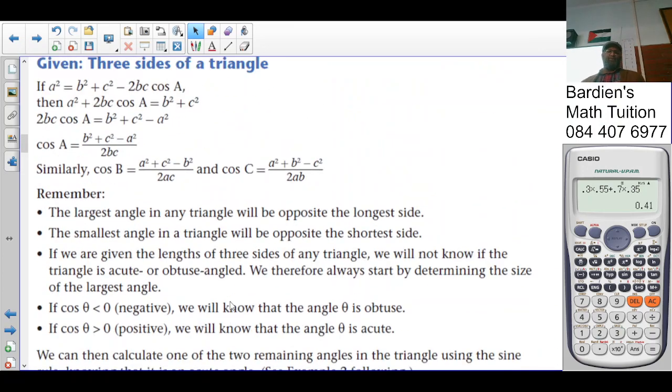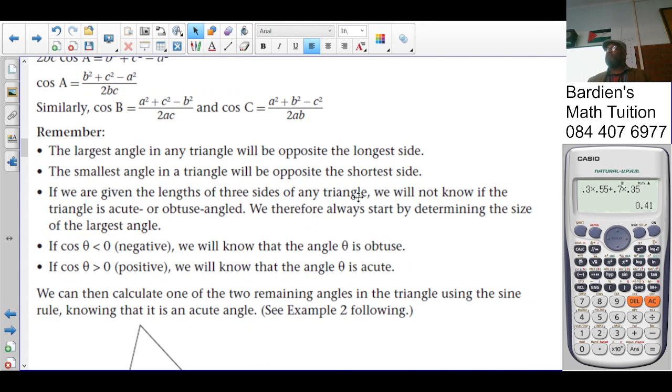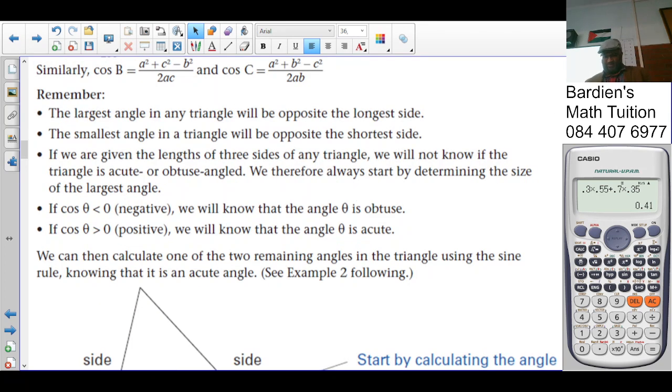Alright, so at this point we're looking at given three sides of a triangle. If you're given three sides and the question says solve the triangle, what must we calculate? The three angles. All the angles. So we are reading from the explanation on page 350.